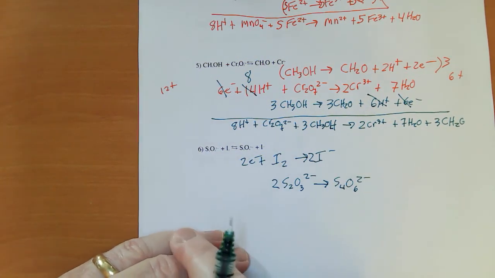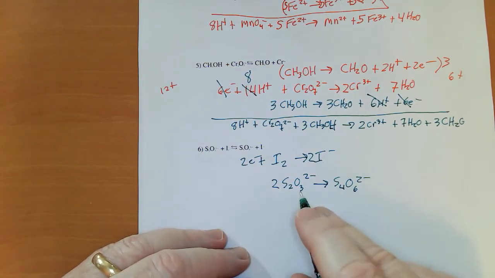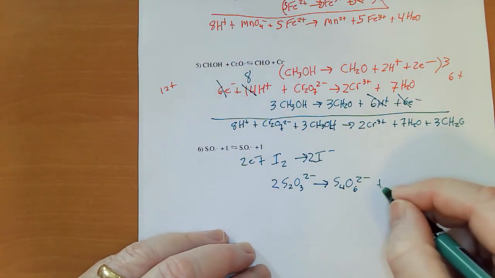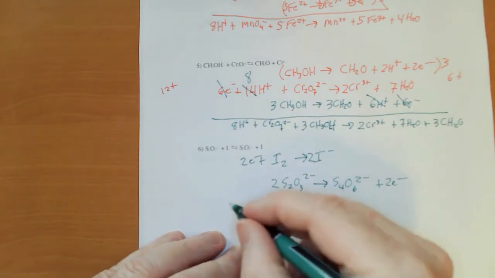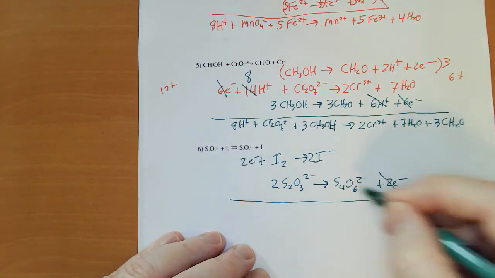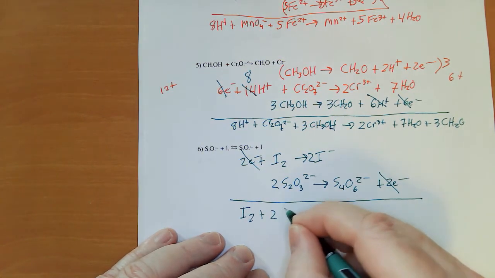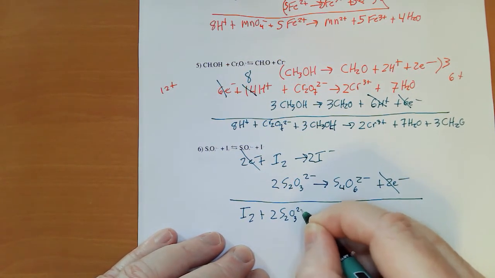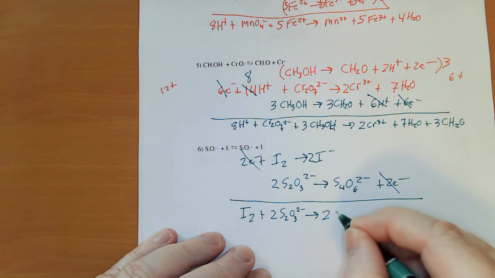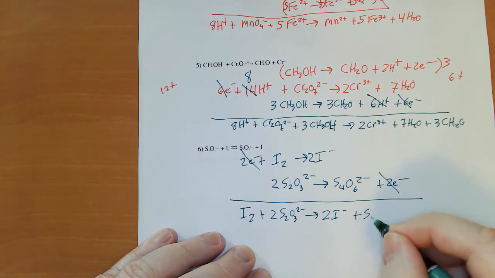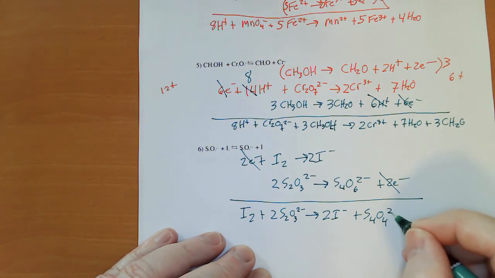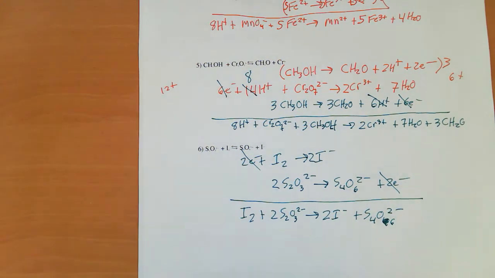Just add 2 electrons. Everything else is balanced. I2 plus 2 S2O3 2 minus gives me 2 I minus plus S4O6 2 minus.